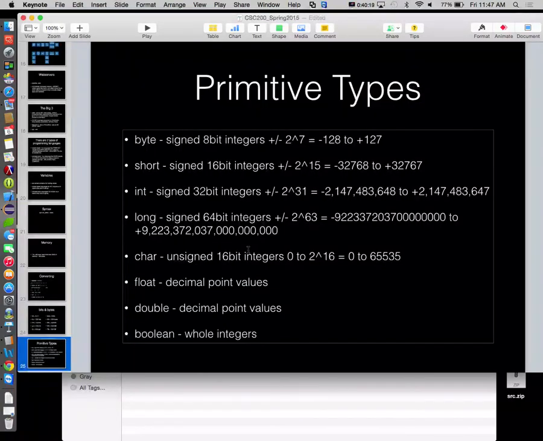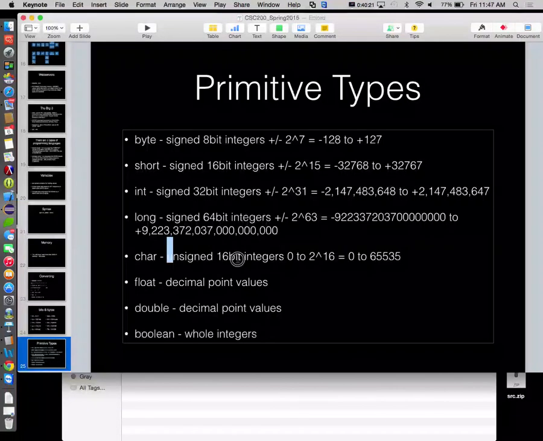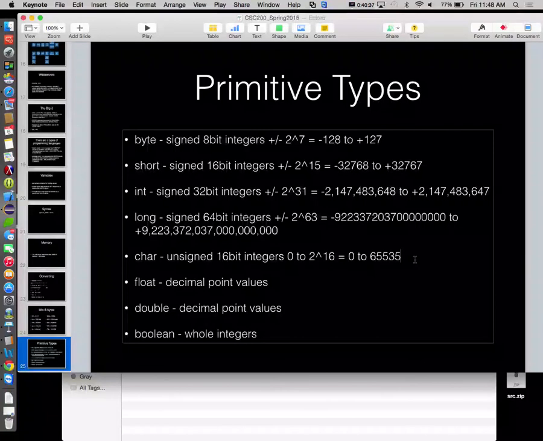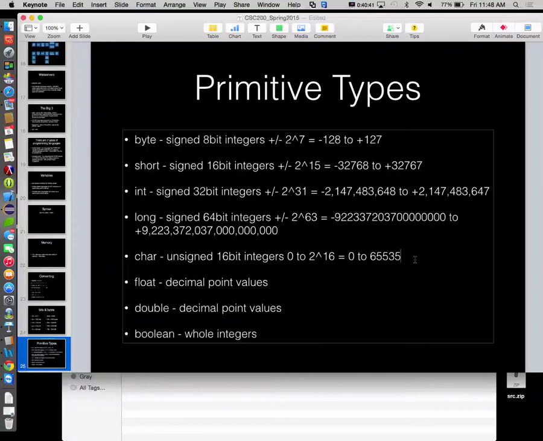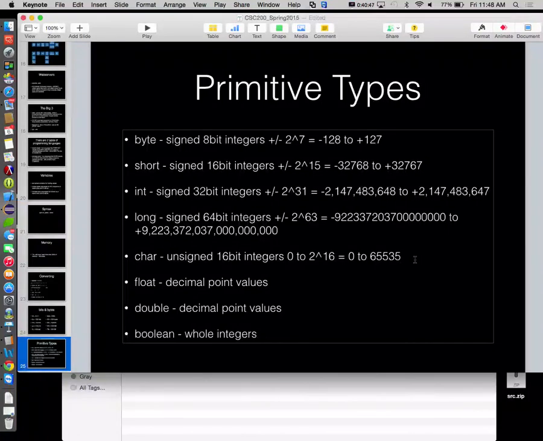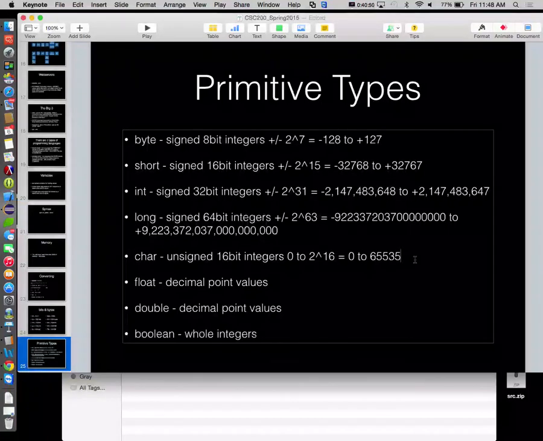All right. Now, why is it that chars actually hold positive whole numbers? Do we have a guess? Go ahead. No such thing as negative characters. Now, you've been in a class where I've explained this before. Nobody else is answering. Go ahead.